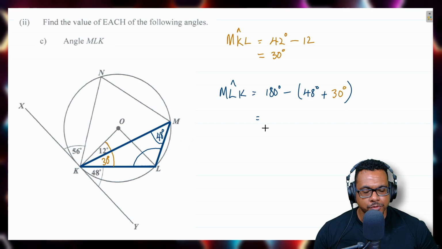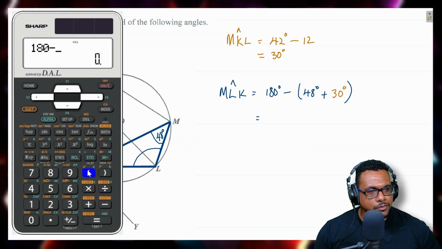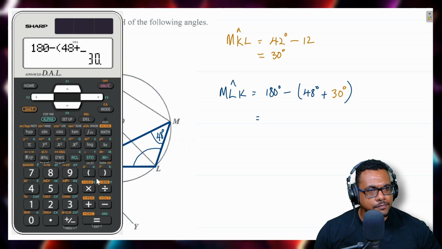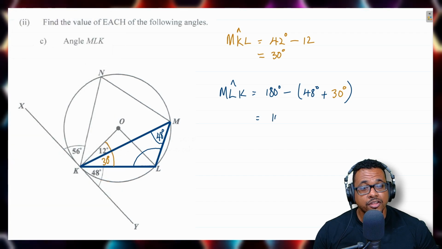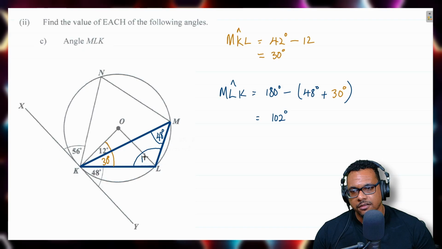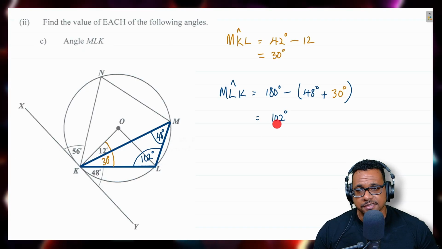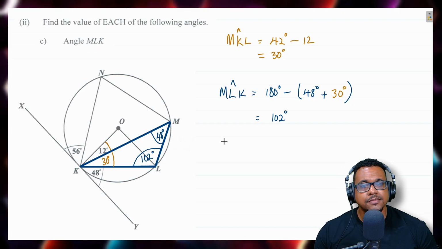So that will be equal to 180, take away, open brackets, 48 plus 30, close the brackets, and we get 102 degrees. So here's 102 degrees. Of course, the reason for this is the sum of the interior angles of a triangle is equal to 180 degrees.